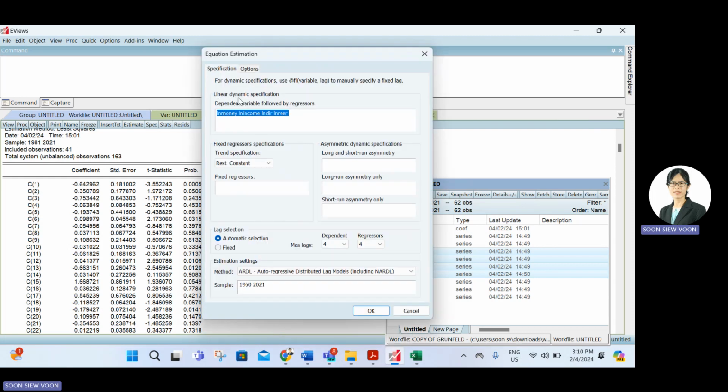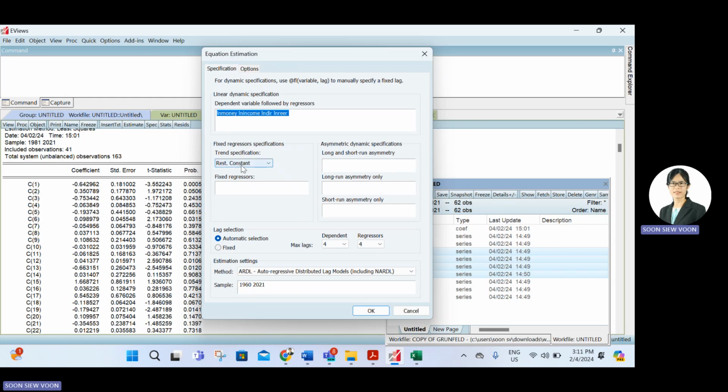Then the first box here is for the linear dynamic specification. Your dependent variable is the log of money, followed by the regressors, which include income, interest rate, and RER. This is the fixed regressor specification.